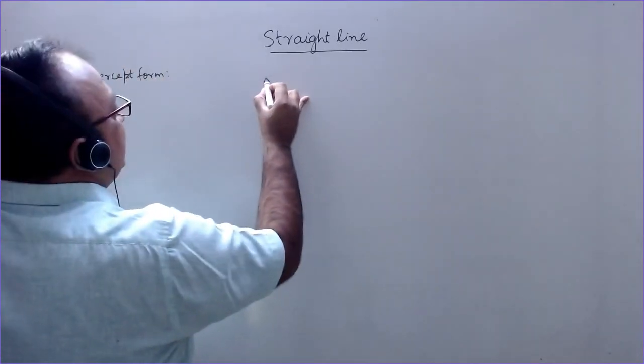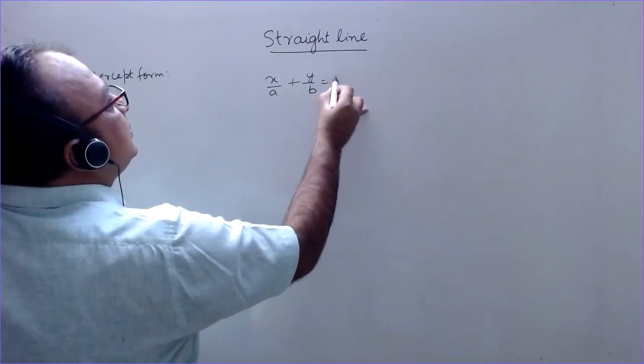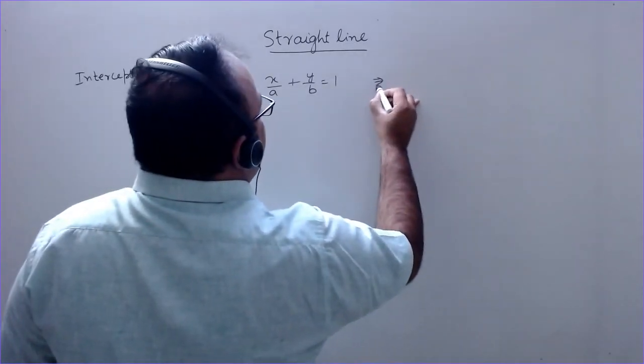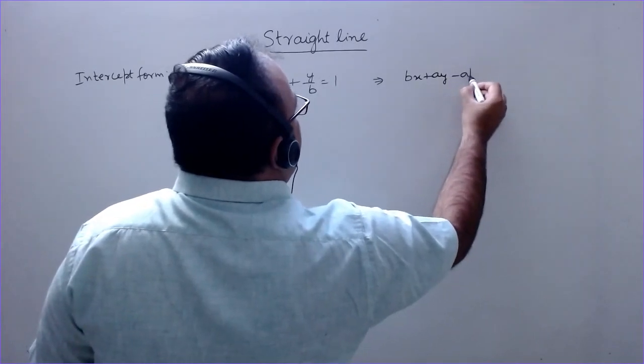If you write the equation of a line like this, this is called the intercept form. And if you simplify this, bx plus ay minus ab equal to 0.